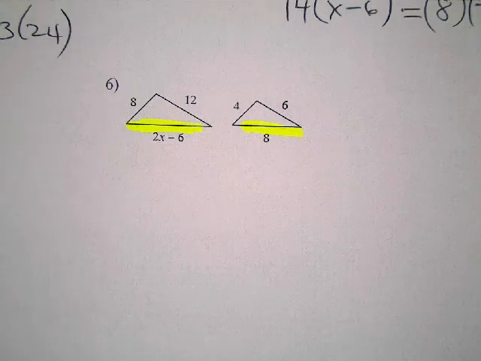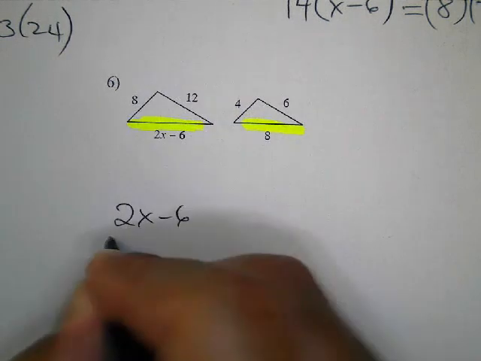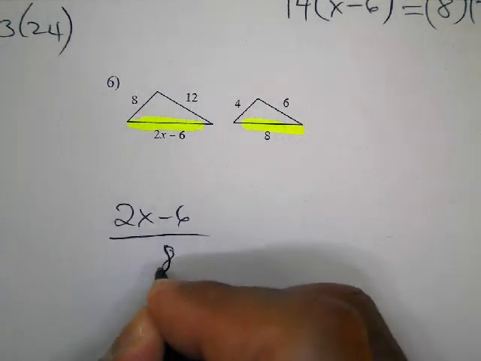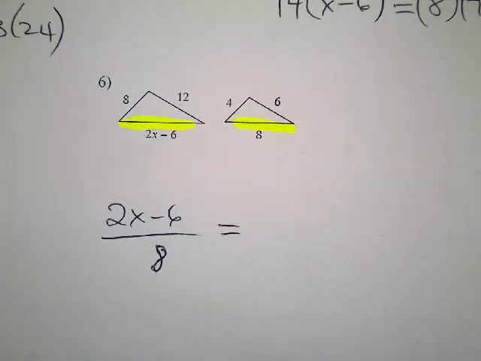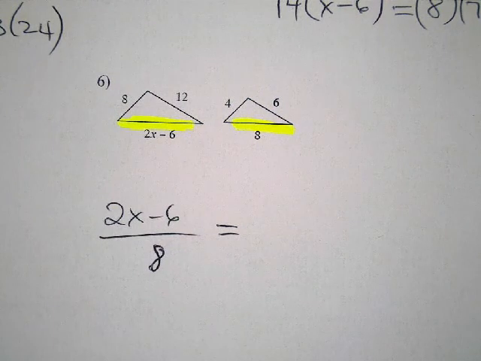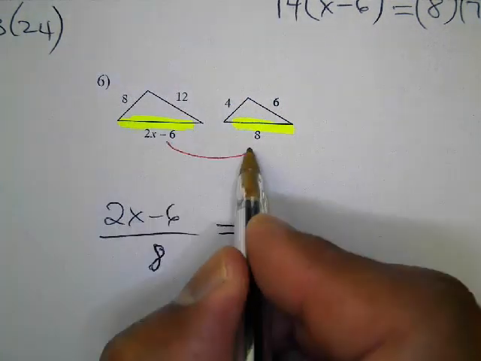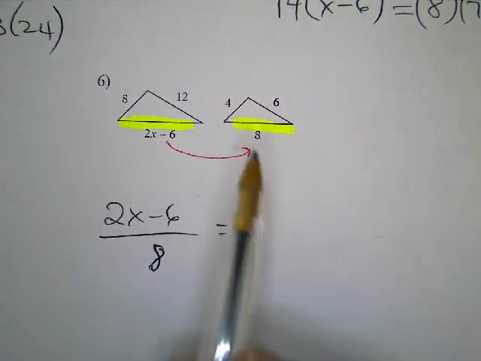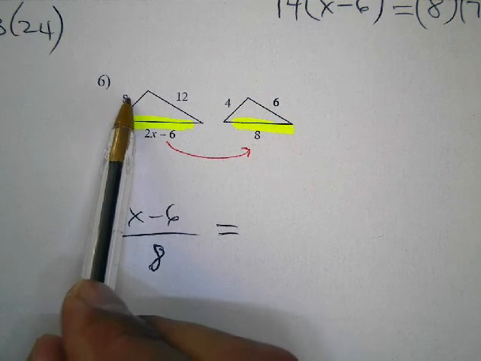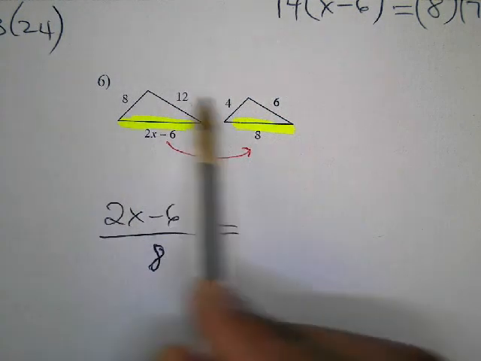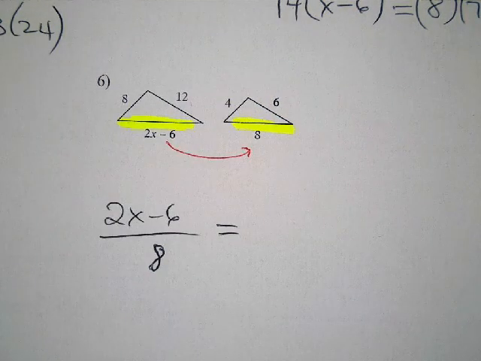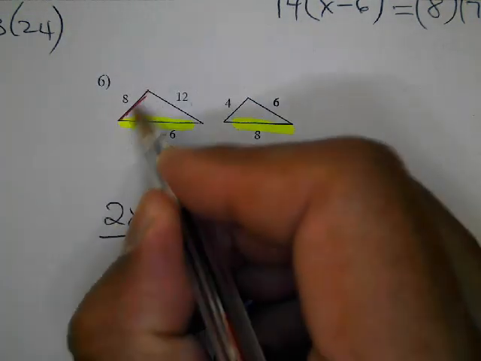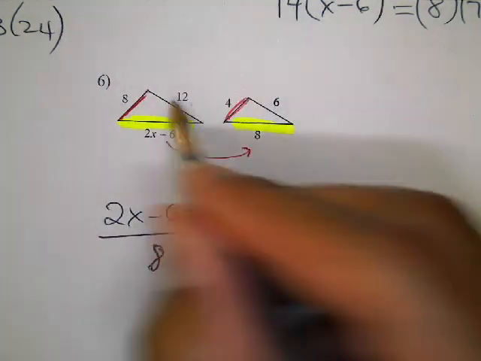Okay, last one. And again here, oh, I forgot to put the arrow. I went this way, so I got to go this way. You can use the 8 with the 4, or you can use the 12 with the 6. See, it's your choice.